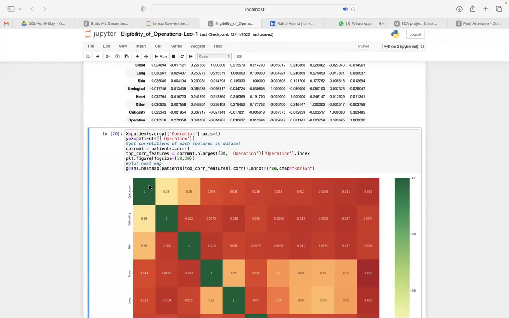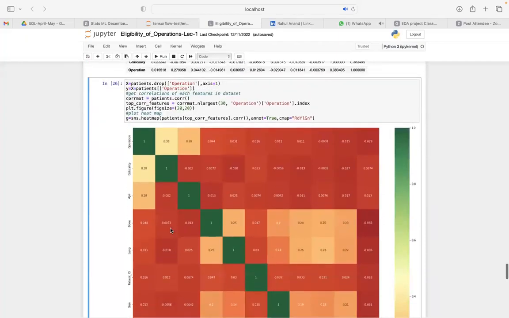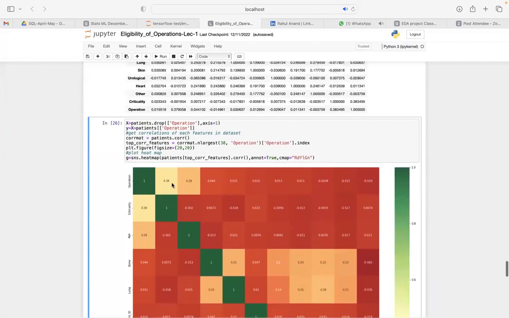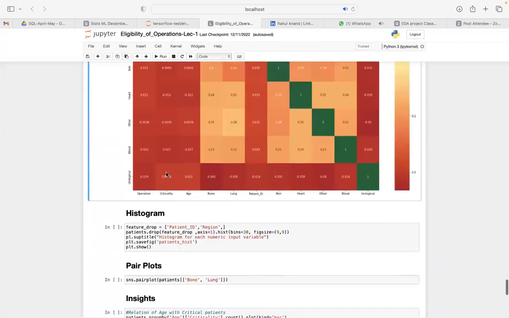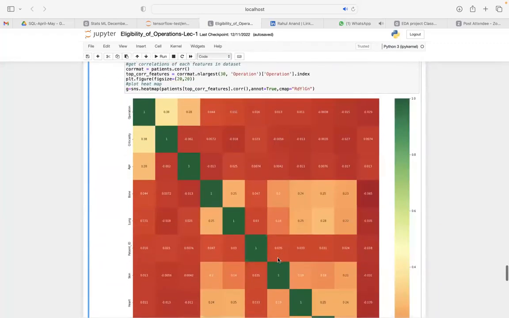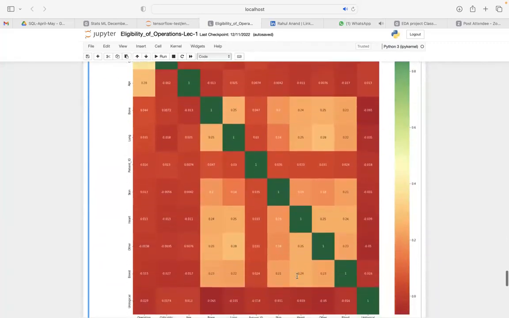Okay. When you talk about multicollinearity, suppose I take criticality. Criticality will be highly correlated with itself, obviously. But there's no variable falling under the green zone, or even a dark orange zone, which would say it is 50% or 60% correlated.